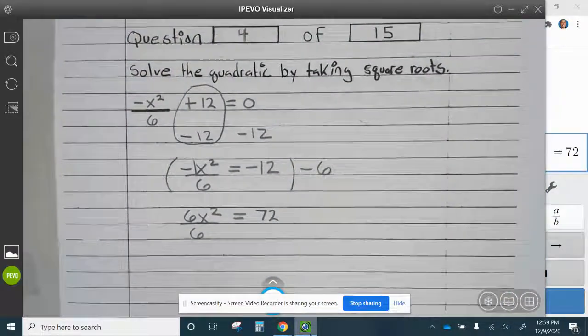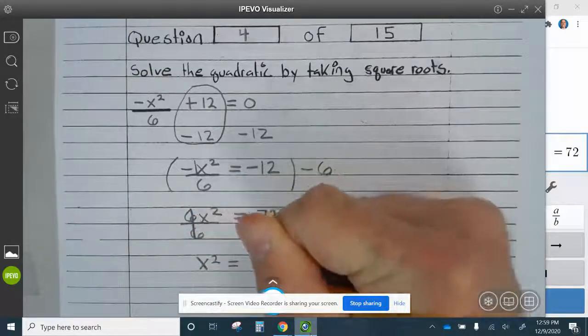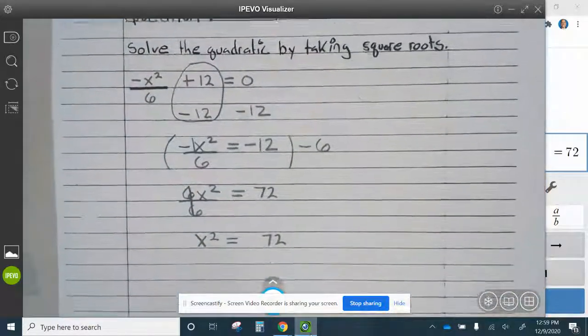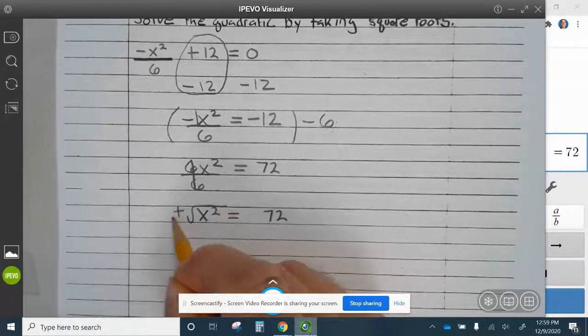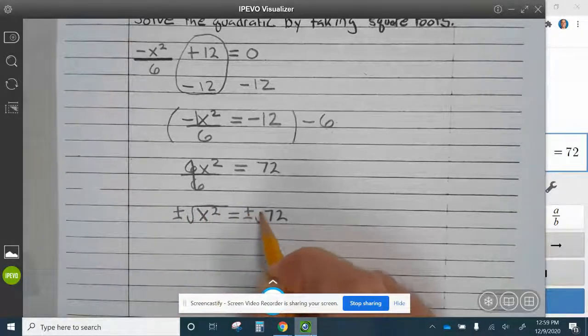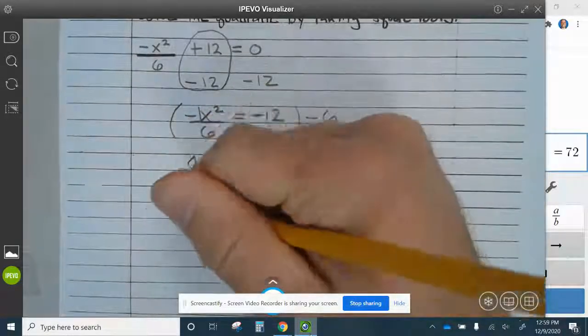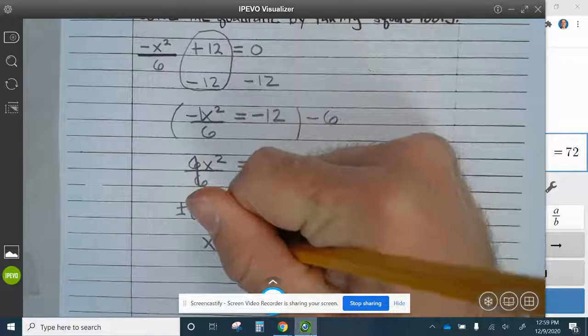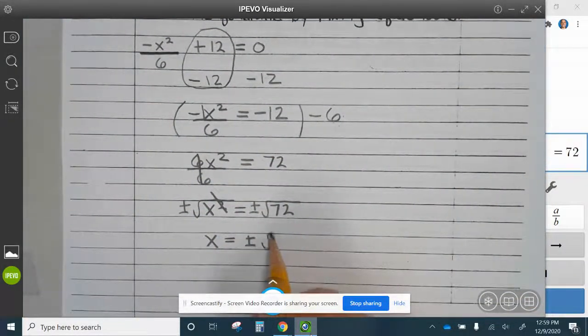Okay. 6 divided by 6 is 1. So you have x squared equals 72. Okay. We're going to take the square root of both sides, plus or minus. Okay. So this cancels. We're left with x equals, you know it's going to be plus or minus. But now we need to see if we can reduce the square root of 72.